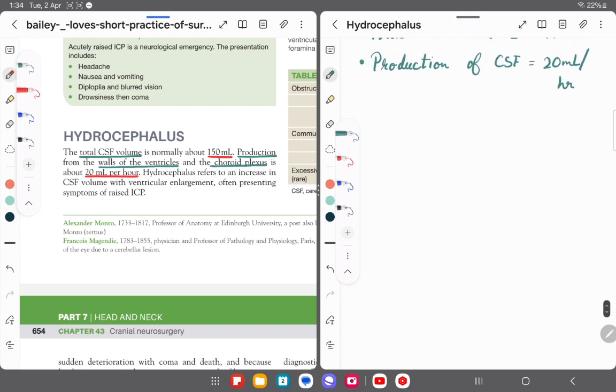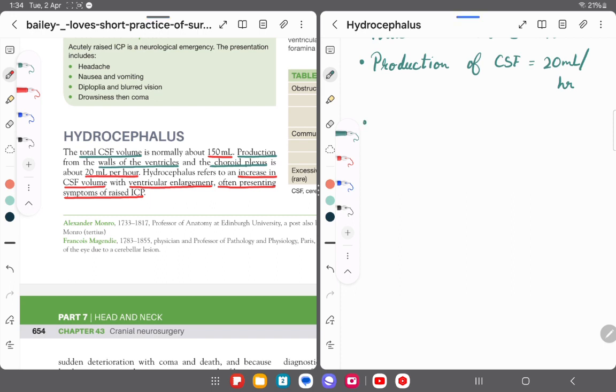And what is hydrocephalus? So hydrocephalus refers to an increase in CSF volume with ventricular enlargement, often presenting with symptoms of raised ICP. It is an increase in the CSF volume with ventricular enlargement, which often presents with symptoms of raised ICP.